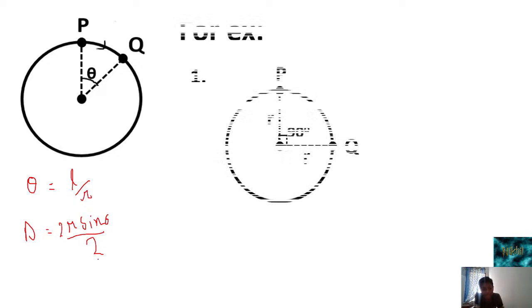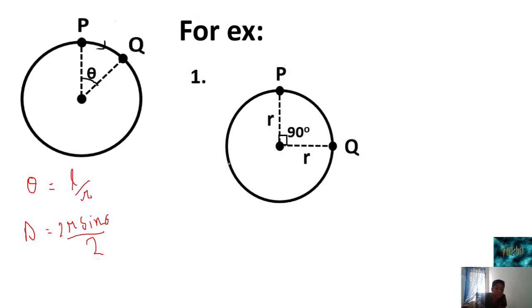Now let's have some examples. So the first example is here. How to solve it? I have told you in the last slide: theta is L by R. What is the length here? Pi by 2 is equal to L by R. L we have to find, R is not given.